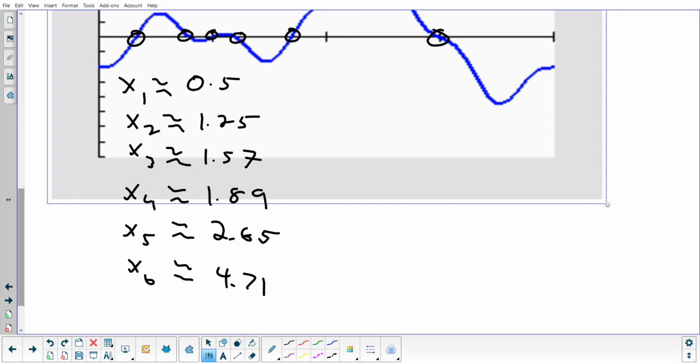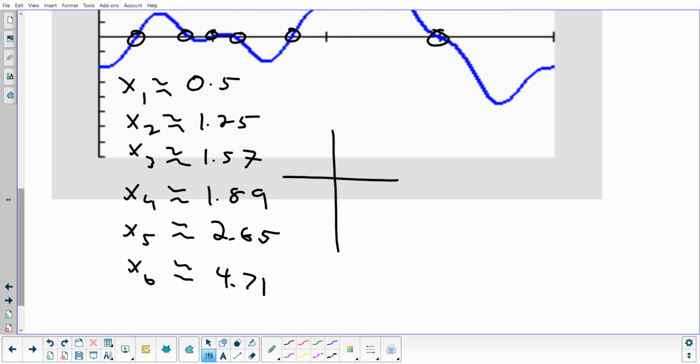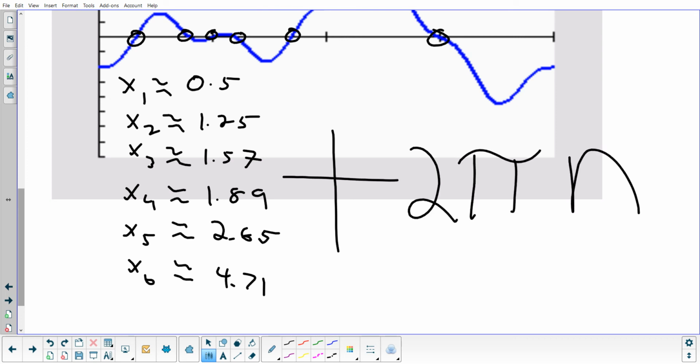And all of them, I'm just going to write it probably not the most mathematical way, but they all have a plus 2 pi n. Or you can write it separately on each one.